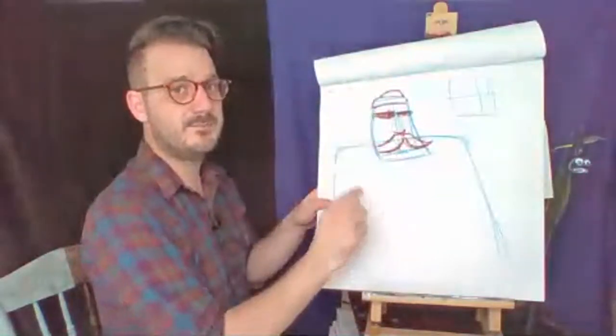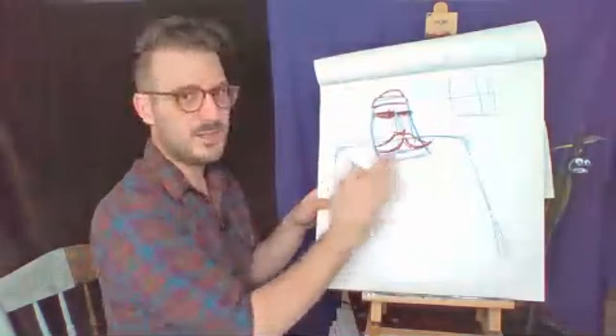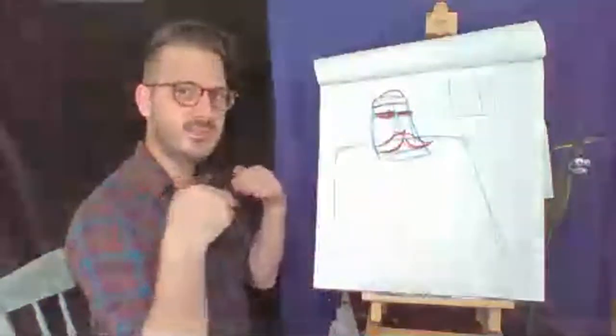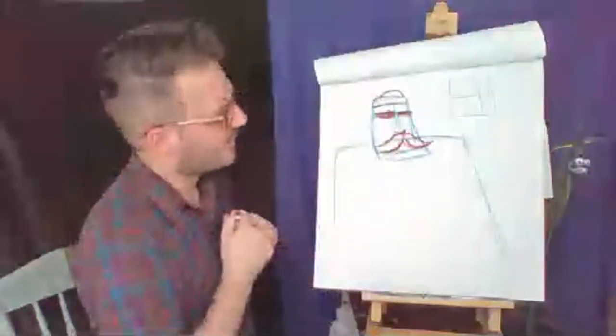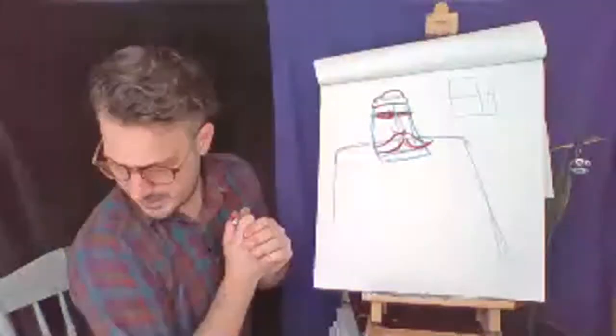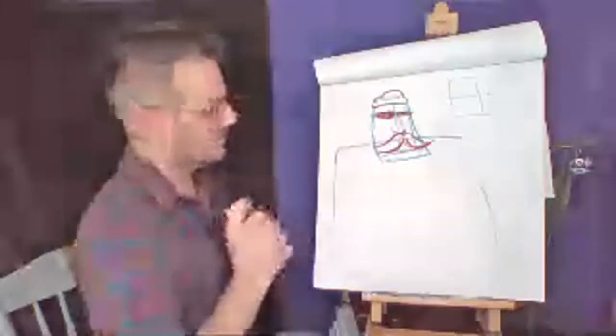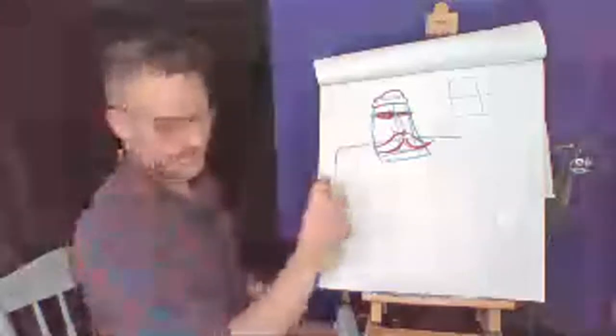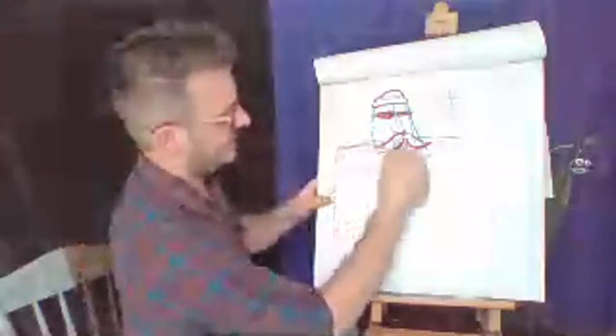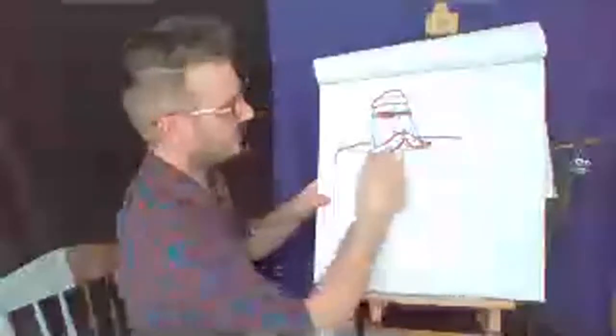And now I can decide, I actually kind of like it without the beard, like the big chunky square chin. So I could leave that if I wanted to. I'm not gonna decide on that yet. So now I'm gonna add a little bit of detail where his coat would be.